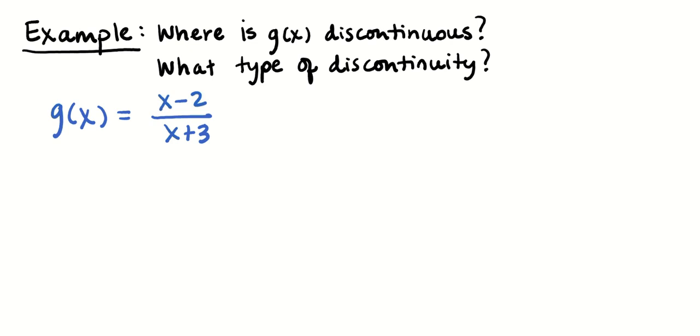So we're going to say that x equals negative 3 is a place where this function is discontinuous, because if I actually tried to plug in x equals negative 3, I'd have negative 5 divided by 0. We know that's the location of a vertical asymptote, right? So we're going to say this is a non-removable discontinuity. Okay? If you wanted to be more specific, you could say there's an infinite discontinuity, and that's language that some people use. Okay, but for this class, we just need removable and non-removable.